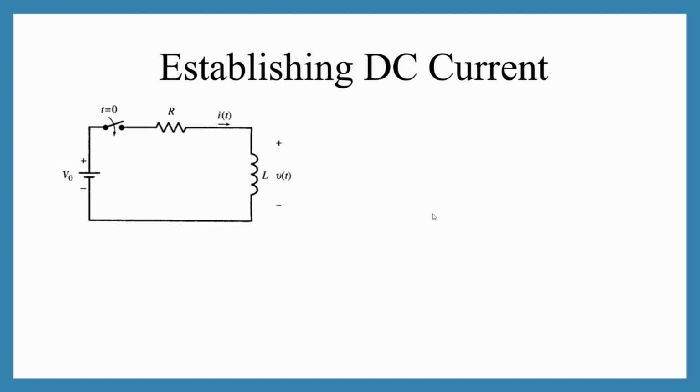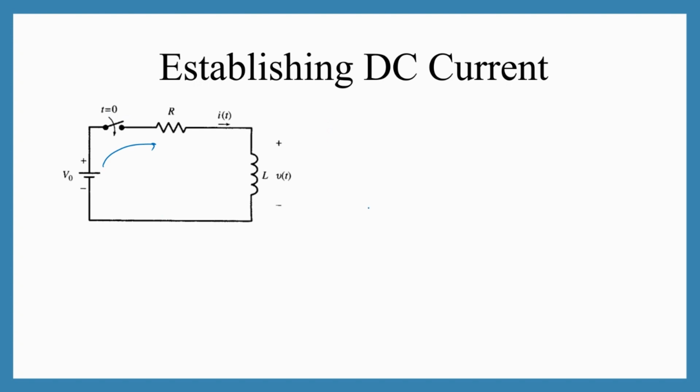Let us now consider the case where we connect the inductor through a resistor to the voltage source and then find out what DC current would be flowing over a period of time when the circuit attains stability. So here at t equal to 0, this switch is closed. Therefore, there would be current flowing through this circuit in this manner. That current would have two components.